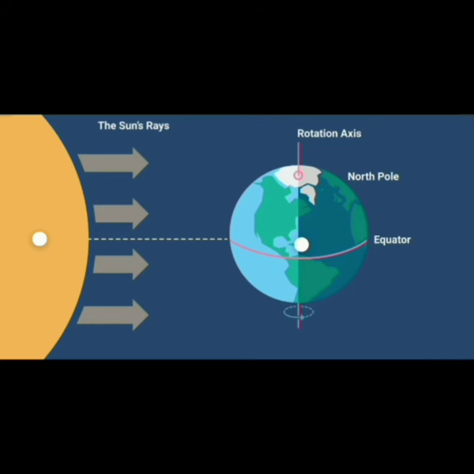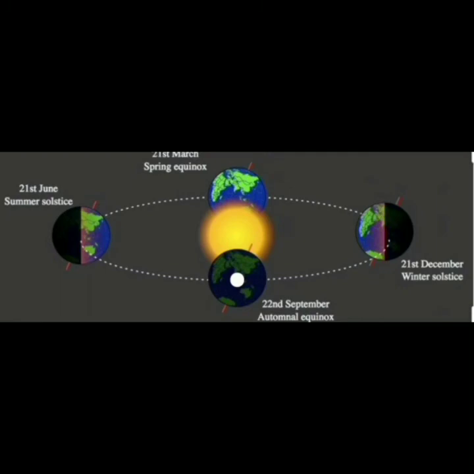Now here in the picture on 22nd December, Earth is in an equivalent position on the opposite point in its orbit, and because of this the southern hemisphere of the earth receives more heat, or sun is overhead on the Tropic of Capricorn.